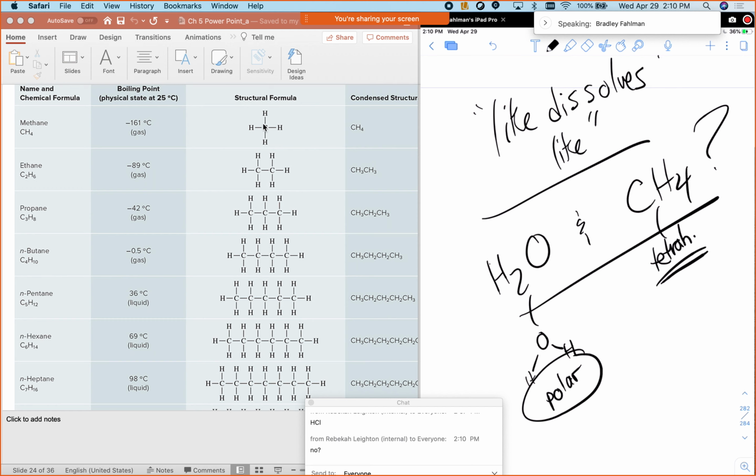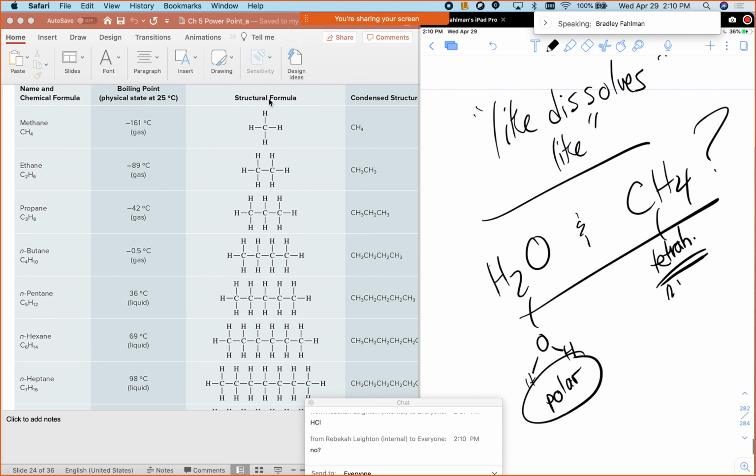It's not going to be 90 degrees, but if it's a tetrahedron, all these cancel, so that's nonpolar. So you've got polar with nonpolar, so not soluble or miscible with one another. So a question like that could be on as well.